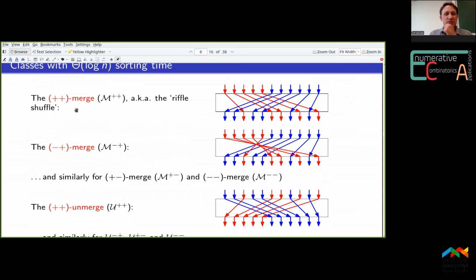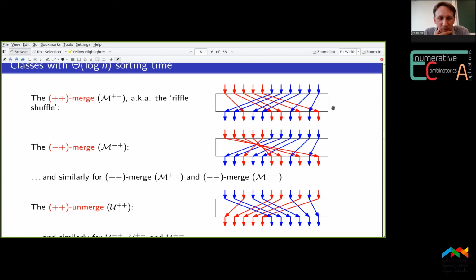So here's a class that I call the class of plus merges. What's a plus merge? That's an operation where you partition your input into, say, a prefix, which I colored in red, and the rest, which I colored in blue, and then you merge this red part with the blue part arbitrarily, while preserving the relative order of all the red entries and also the relative order of all the blue entries.